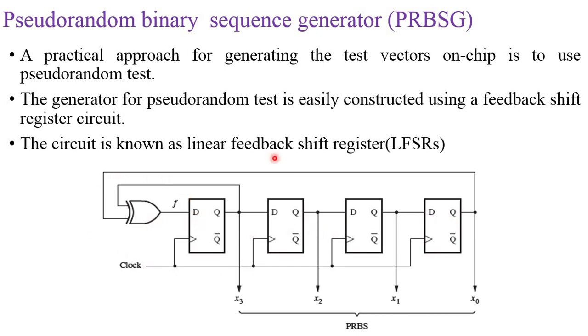Like that we can construct a pseudo-random binary sequence generator. Simply it will act as a shift register, and after shifting the bits, the last value comes through the XOR gate. That is called a pseudo-random binary sequence. So PRBS is nothing but pseudo-random binary sequence.